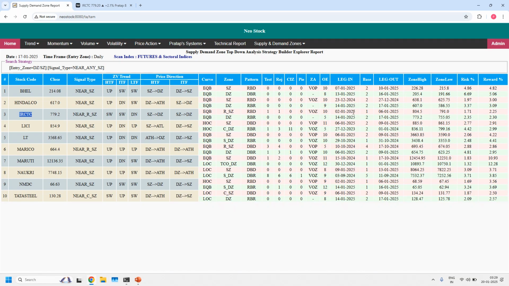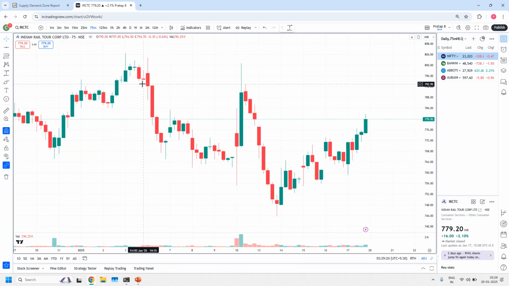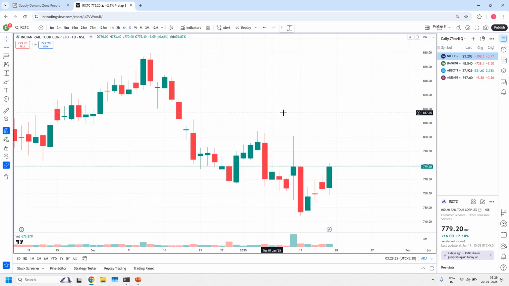This is a 2-1-2025 one base candle. Sorry, we are in 7. We should look into the daily time frame. 2-1, this is the one. Rally base drop. This is what our software identified.